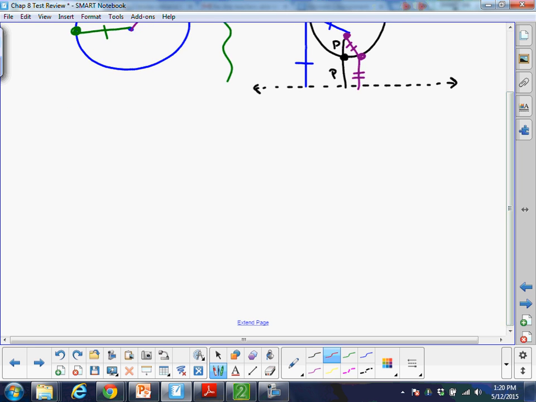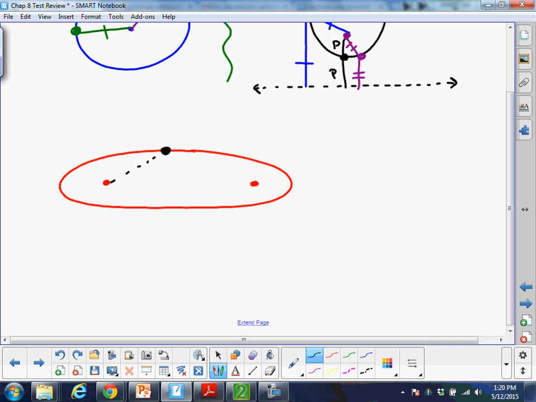Okay, with the ellipse, you have 2 fixed points in the center somewhere. And the way these work is if you take a point on the ellipse anywhere and you get a distance to each, let's say that's d1, d2, the sum of those distances would be the same anywhere on the ellipse.